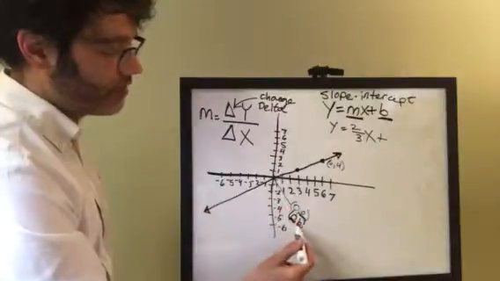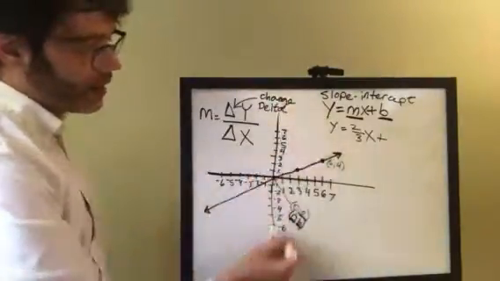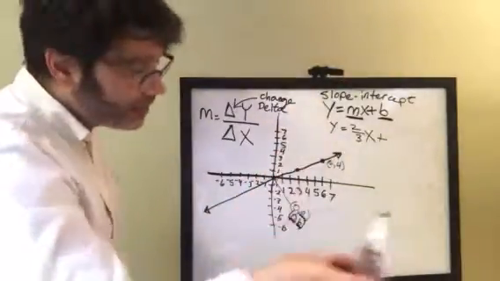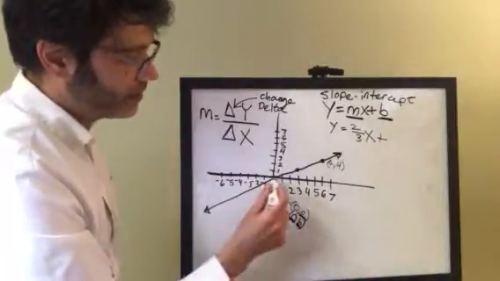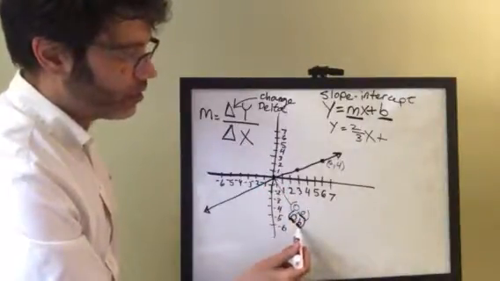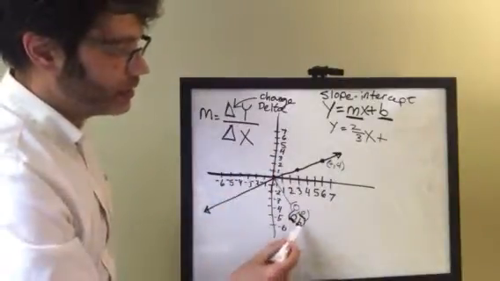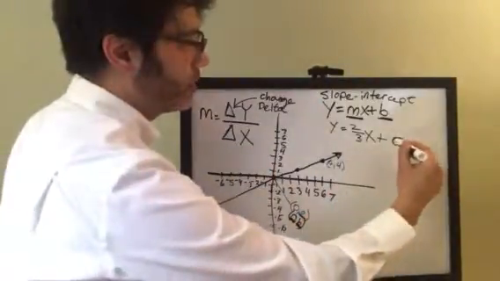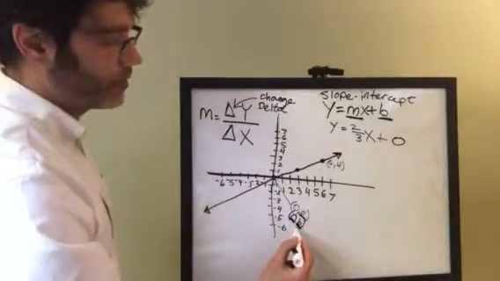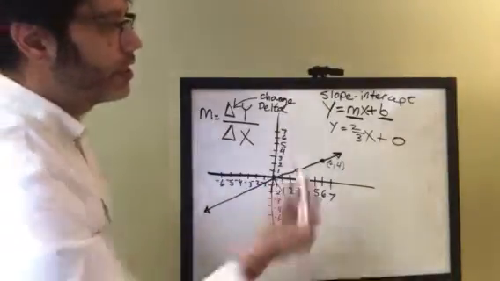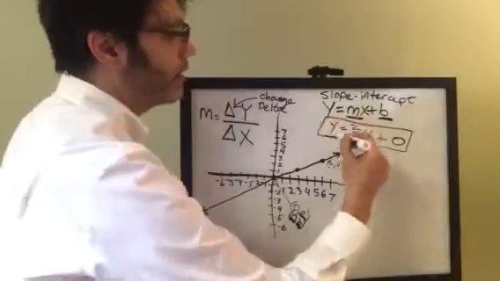It's just the second value that we're looking for. Where on the y-axis are we going to be? And here we're at 0 as well. So this y value of the y-intercept is 0. I'm going to put 0 right here. The b is 0 in this particular case because it goes to the origin. So this is the equation of this line.